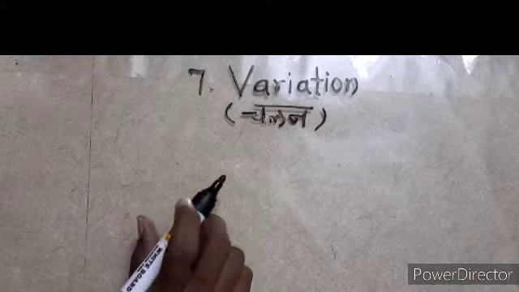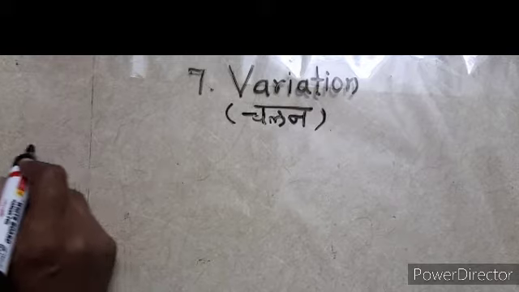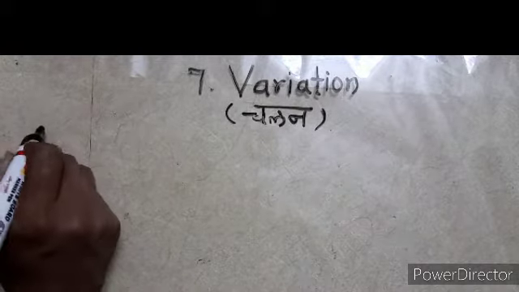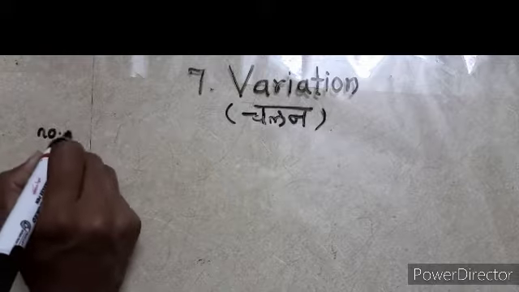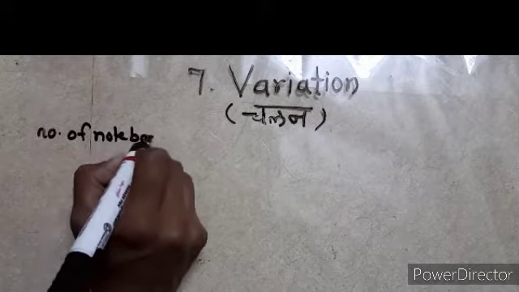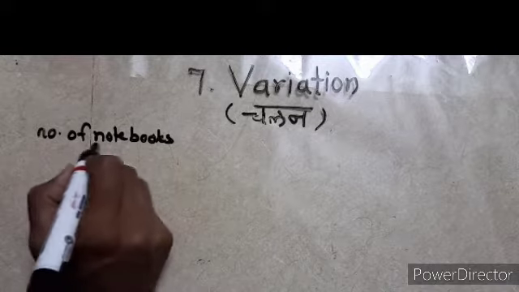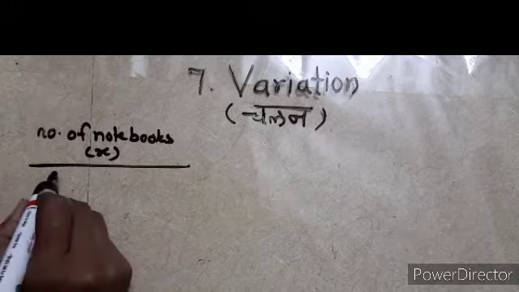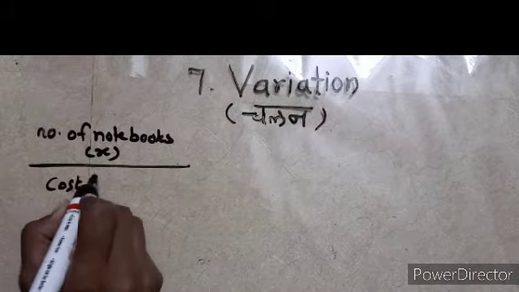Consider one example again. Here in your book, the number of notebooks is given. Consider it as X, and their cost is given in rupees.